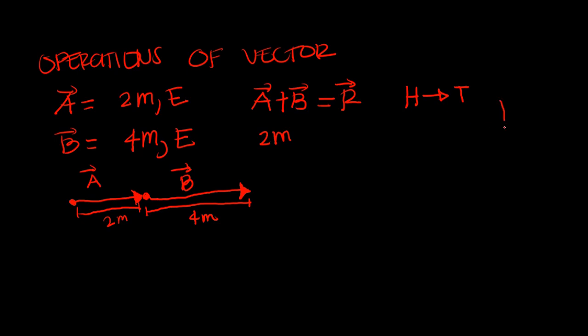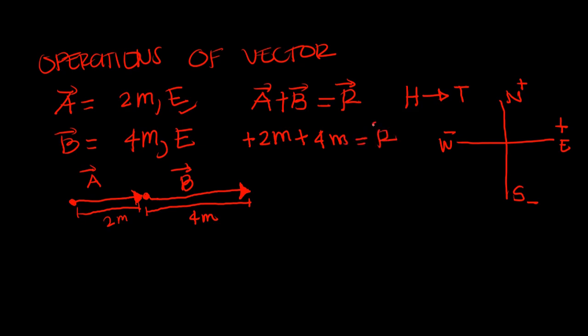Remember also this notation: if we have east, west, then north, and south, always remember that we have this convention: west is negative, north is positive, south is negative. Since A is pointing east, it should have a positive, plus B. Now B is also going to the east, so that should be another positive, and this should be your resultant R.